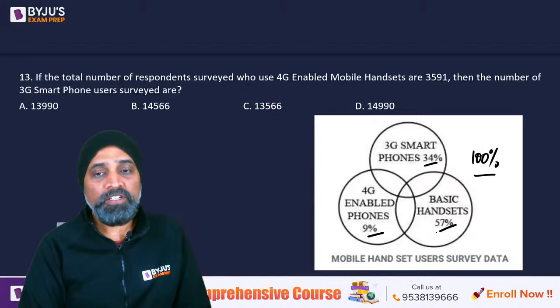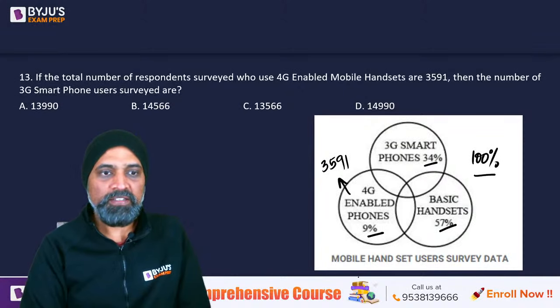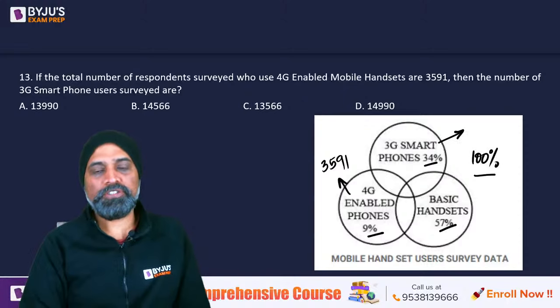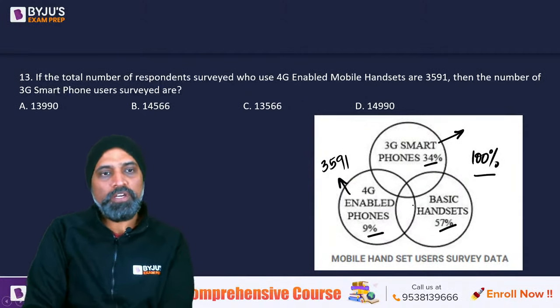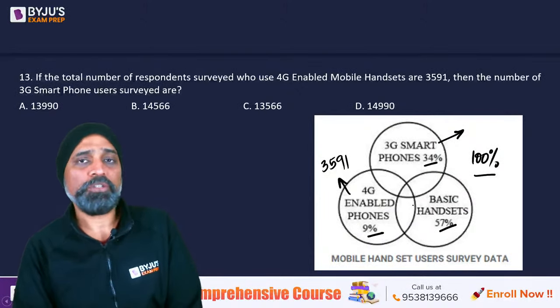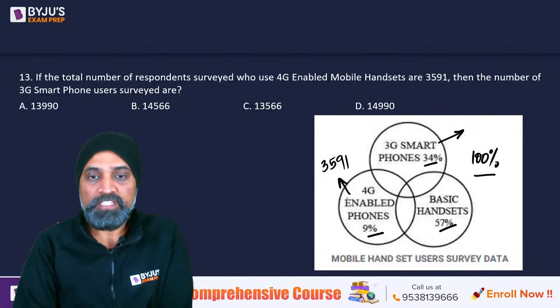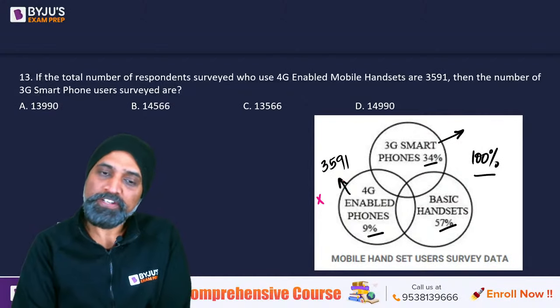Right? So 4G enabled phones, if this is 3591, then 3G smartphones will be how much? Looking at the options, they are kind of close, so an approximation straight away will not do. So what we'll have to do is see what is the multiplier here. Now 9 into what will give us 3591.